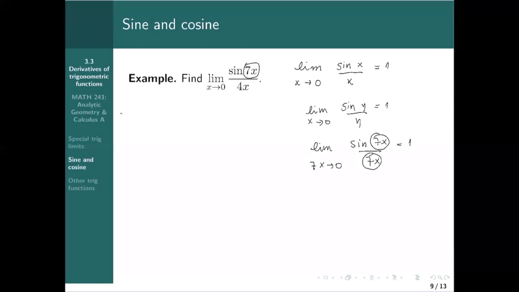So we have the limit as x goes to 0 of sine of 7x over 4x. What I'm going to do is multiply both the numerator and denominator of this function by 7x.